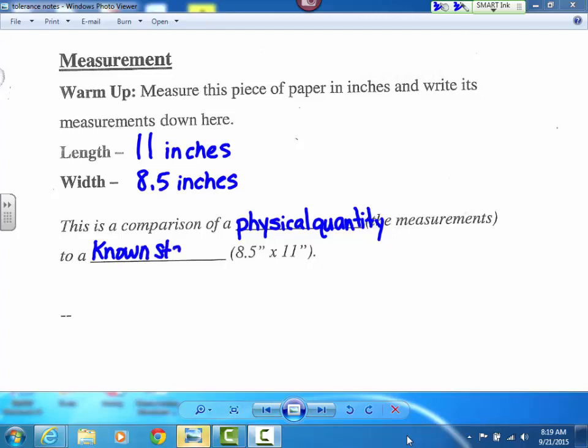So this would be a known standard. You know that that piece of paper is supposed to be 8.5 by 11. Probably this gave you a little bit of bias in your measurements. Probably you looked at the measurements and went, well, I know it's supposed to be 8.5, 11, and that's pretty close, so I'm going to call it 8.5 by 11.